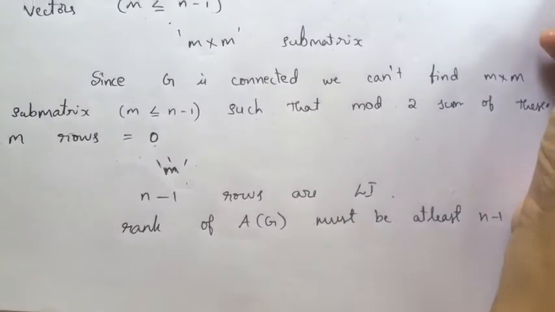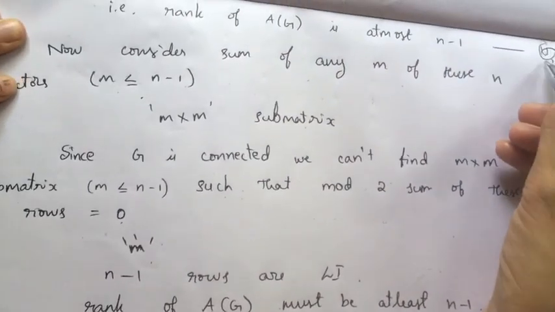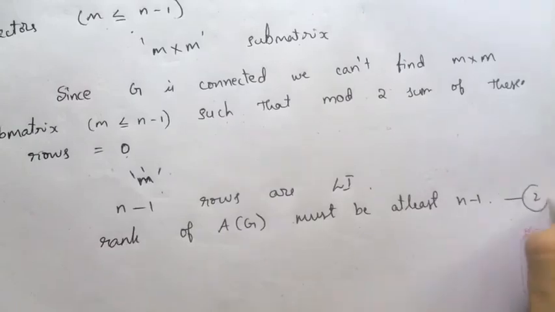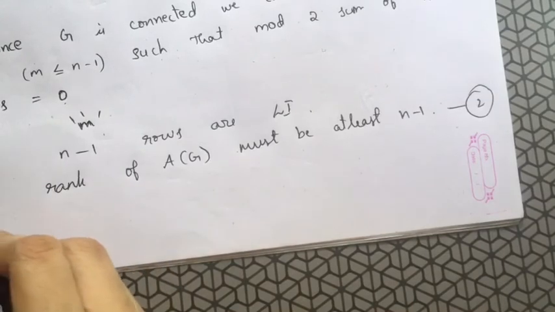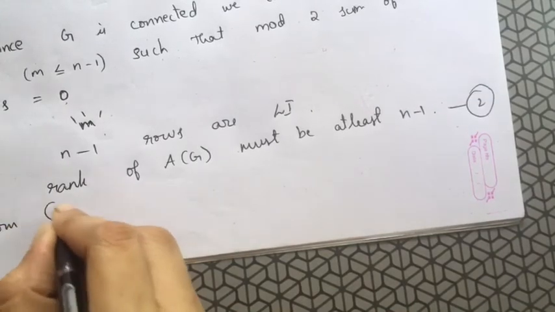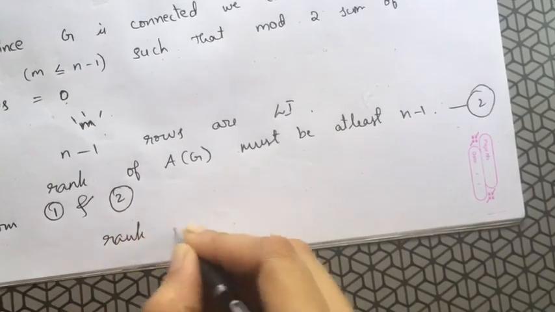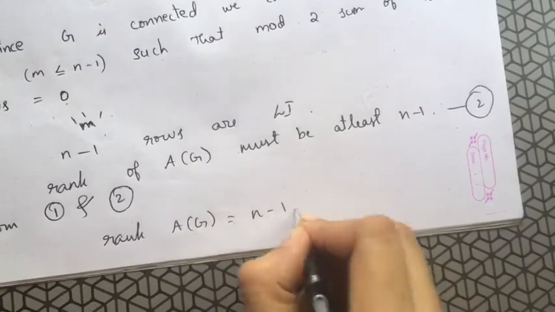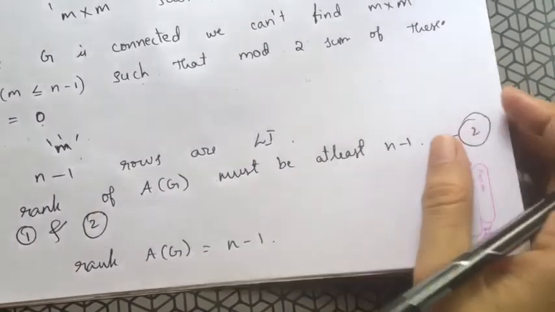We have already taken the first statement that rank is at most n minus 1, equation number 1, and here rank must be at least n minus 1, equation 2. Therefore, from 1 and 2, the rank of A of G is equal to n minus 1. So this is for the connected graph.